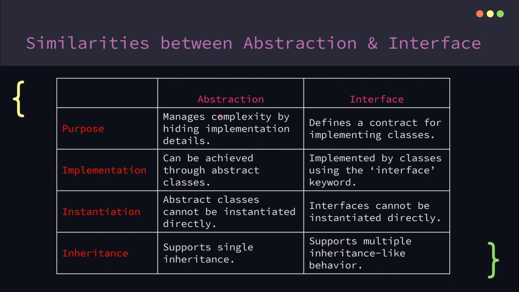For the implementation part, abstraction can be achieved through abstract classes, whereas an interface can be implemented by classes using the interface keyword. Both abstraction and interface cannot be used directly. For the inheritance part, abstraction supports single inheritance, whereas interface supports multiple inheritance-like behavior.